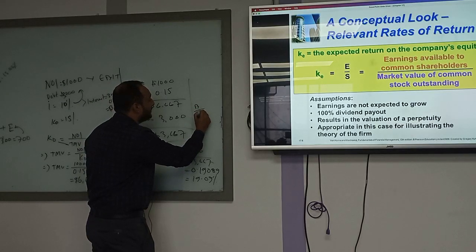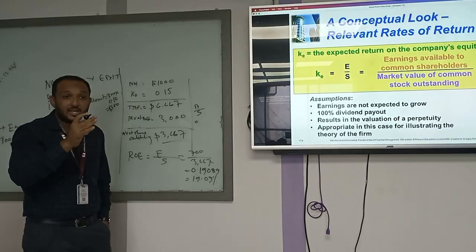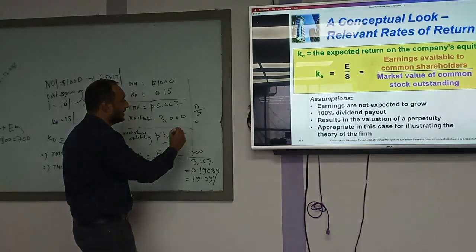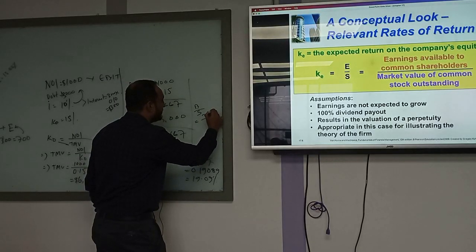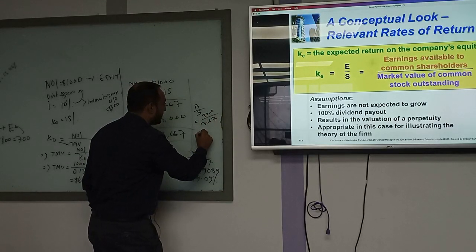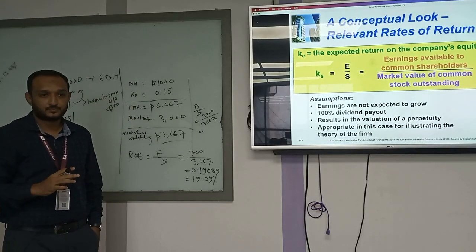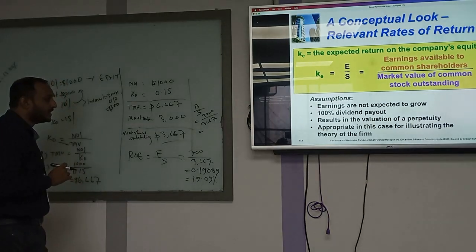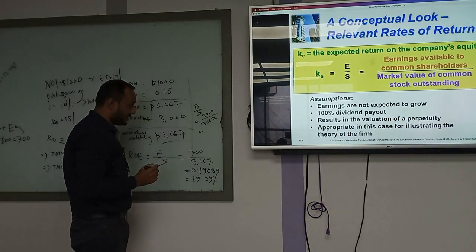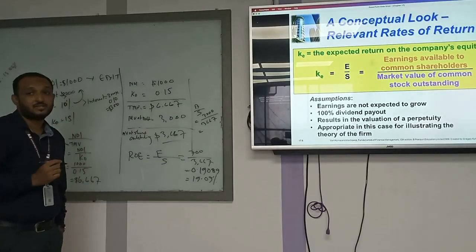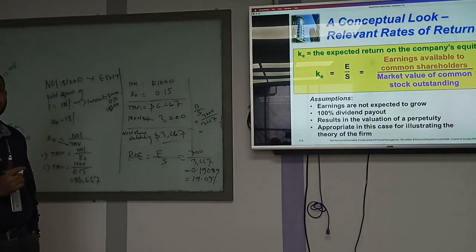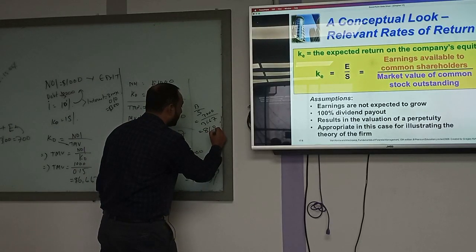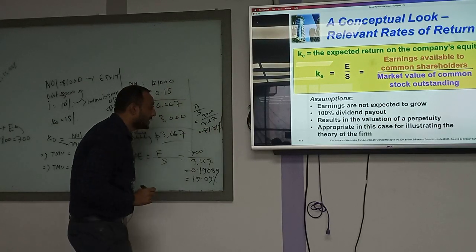So B divided by S. তার মানে আমার ডেট টু ইকুইটি কত, ক্যাপিটাল স্ট্রাকচারটা কত দেখেন তো, বন্ড কত এখন 3000, this is 3667. What is the structure now? 3000 divided by 3667. What is the value? 81.81%.